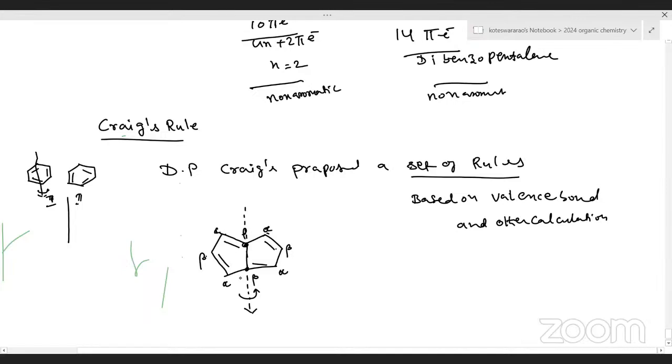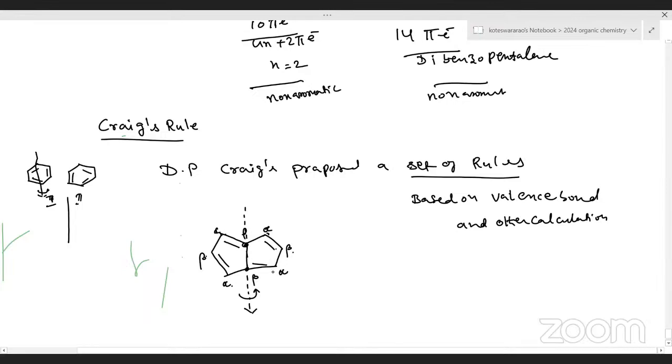The sums are taken of the number of symmetrically related positions. Look here, these two are symmetrically related. Whenever you rotate, this alpha position is occupied by this alpha, and this alpha position is occupied by this one. These two are symmetrically related.